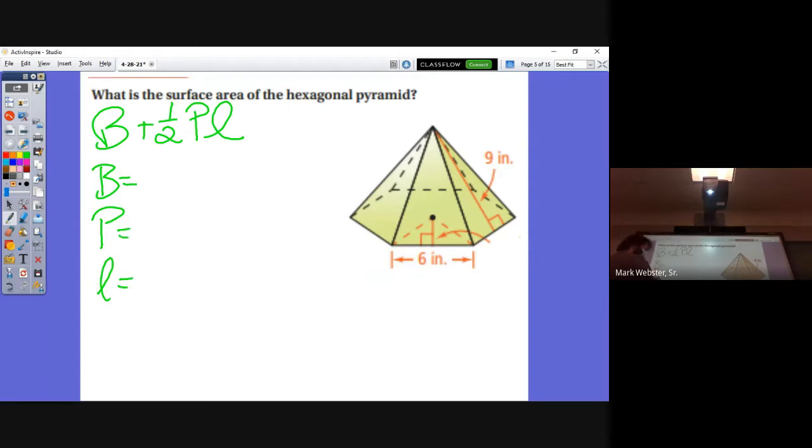I'm just writing that all down so I don't forget. Area of the base, just like we did in the bell ringer. All these sides are 6. The angle is 60. And then there's 6 of them, right?